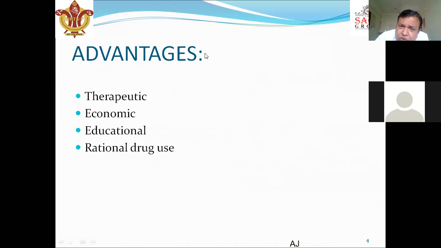And rational drug use: we commonly use drugs frequently used in the last few years, or conventional drugs like paracetamol or ibuprofen, or very old brand name, well-running drugs that are included in a hospital formulary.